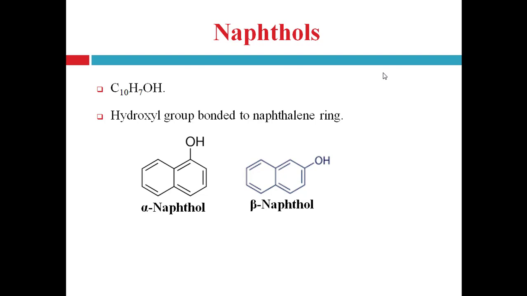See, in the ring there are 5 pi bonds present, that means 10 pi electrons, and they are in delocalized form. So according to Huckel rule, they are aromatic in nature and have alternating double and single bonds.